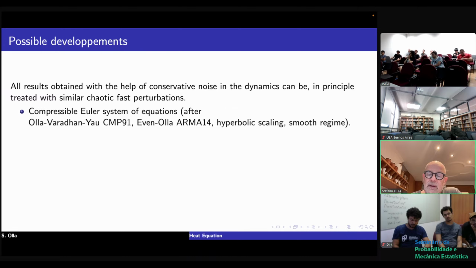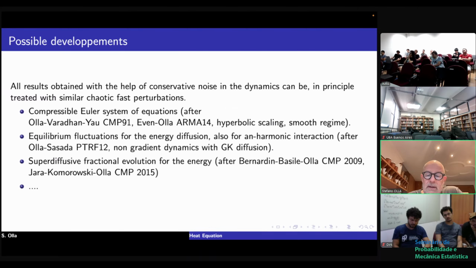For the other work that I've done with Makiko Sasada 22 years ago, or more, non-gradient dynamics with Green-Kubo diffusion, this is equilibrium fluctuation for the energy diffusion. We prove this for a harmonic interaction, but we put a lot of noise on position and velocity.